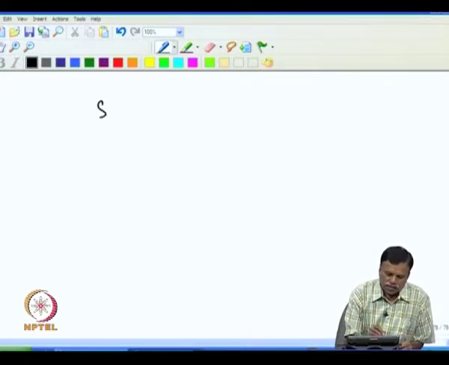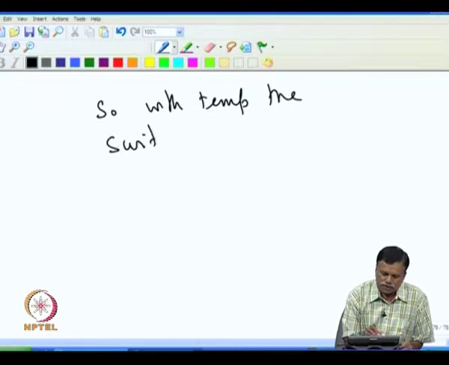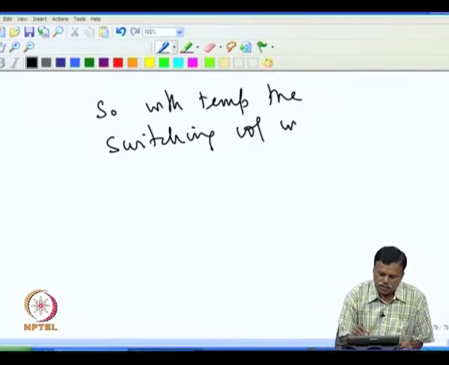So, with temperature, the switching voltage will not change.